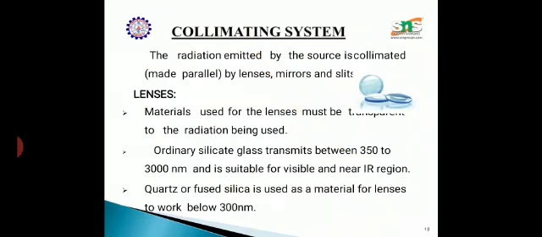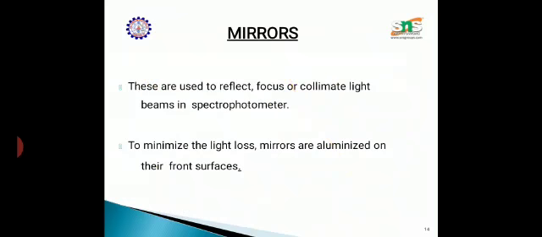Now the collimating system. The collimating system consists of lenses, mirrors, and slits. The lens, an ordinary silicate glass, transmits 350 to 3000 nanometers of light, which is suitable for the silica and IR region.